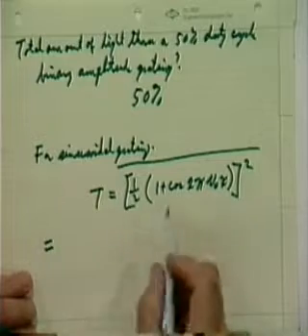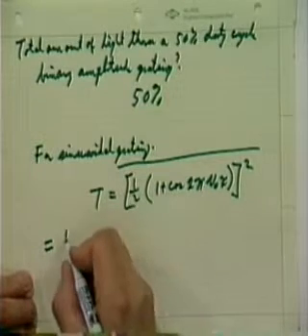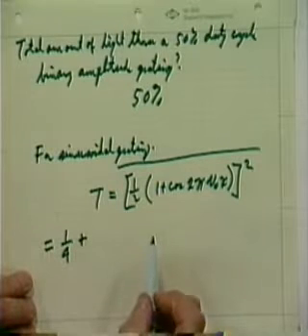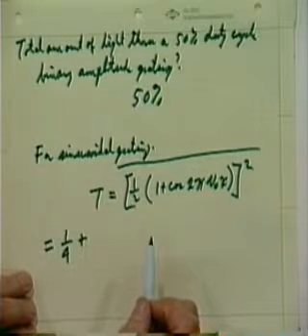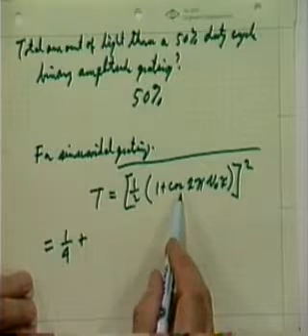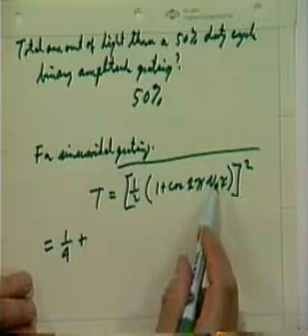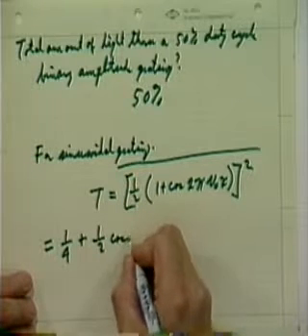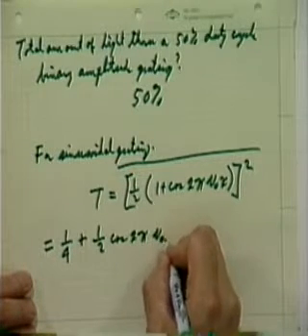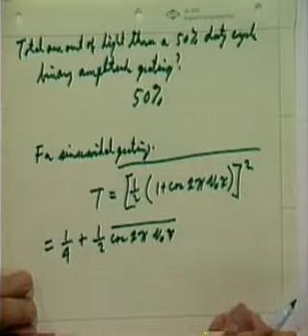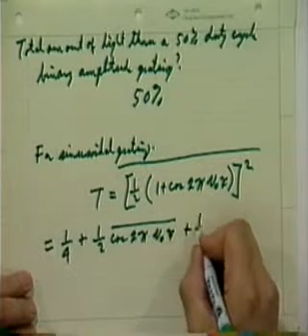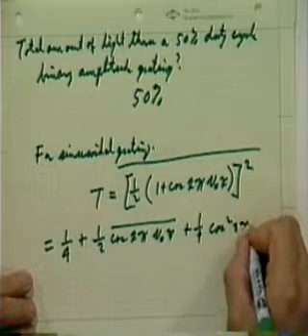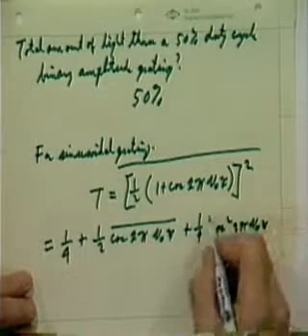If we multiply that out, 1/2 squared is 1/4. And then we get 1/4 times 2 cosine 2 pi mu naught x, that's a 1/2 cosine 2 pi mu naught x, average of that. And then we get 1/4 cosine squared 2 pi mu naught x, and the average of that.